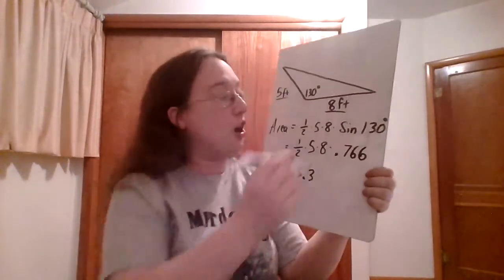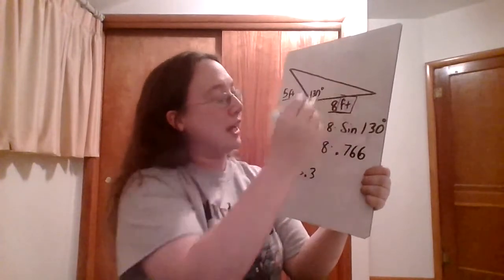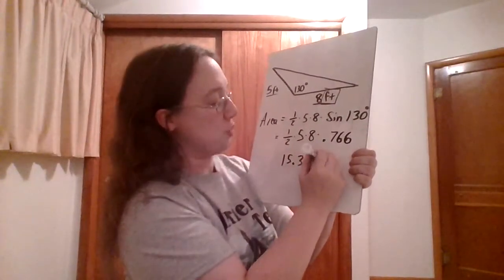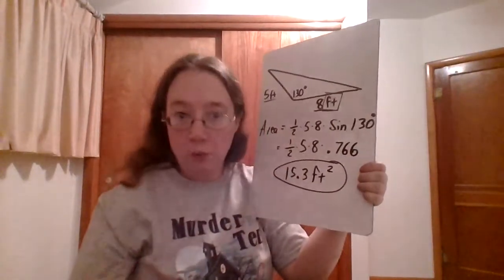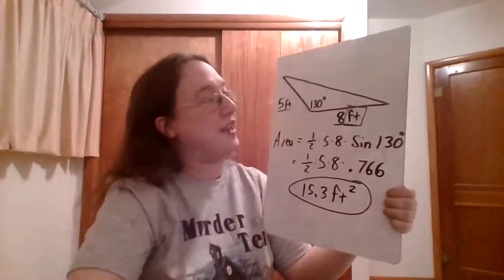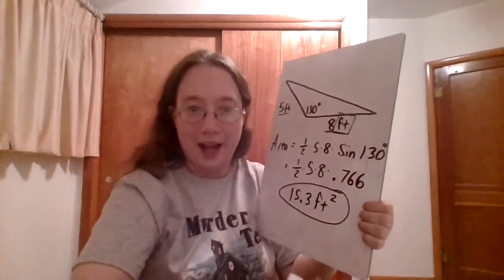And since we started off in feet, area is going to be in square feet. Feet squared. So that's another way to find the area of a triangle, if you don't have your base and your height, if you have this instead.